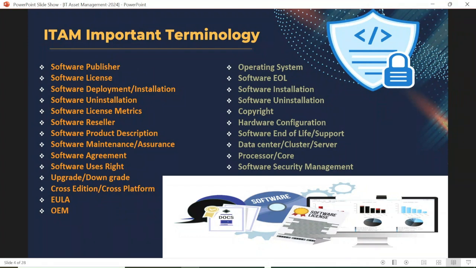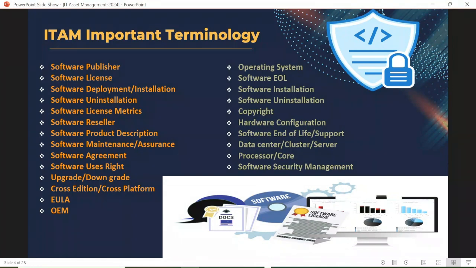The second important term is the software license. So what is a software license? A software license is nothing but the legal authority held by the software publisher and granted to the end user or the customer who has bought that software.